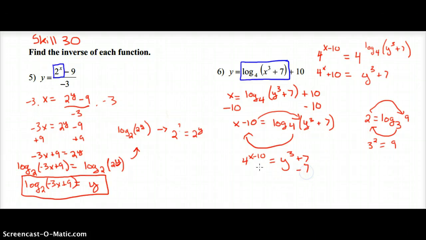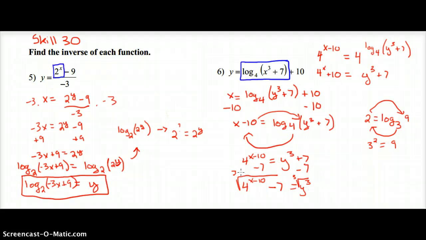I'm then going to subtract 7 from both sides, so I have 4 to the x minus 10, minus 7, equals y cubed. Then I need to get y all alone, so I'm going to take the cube root of both sides.